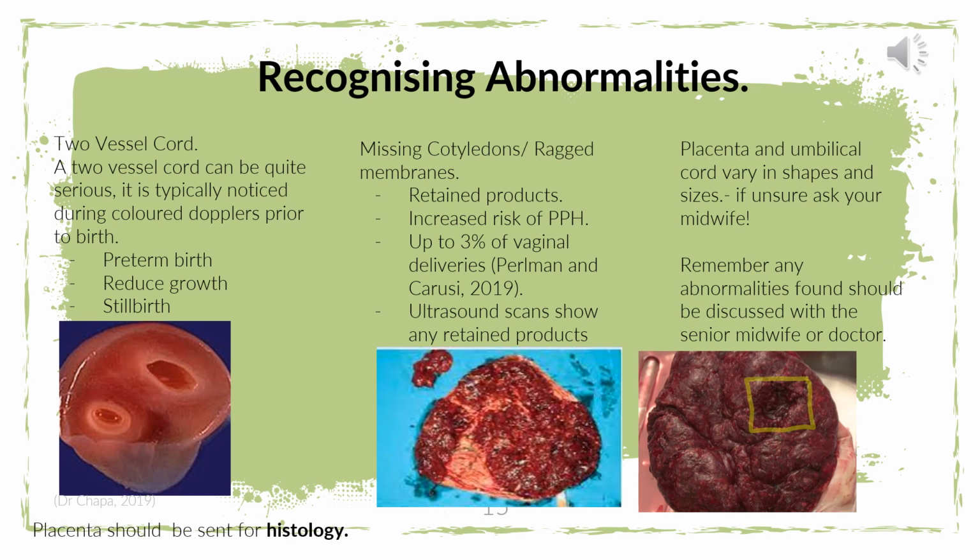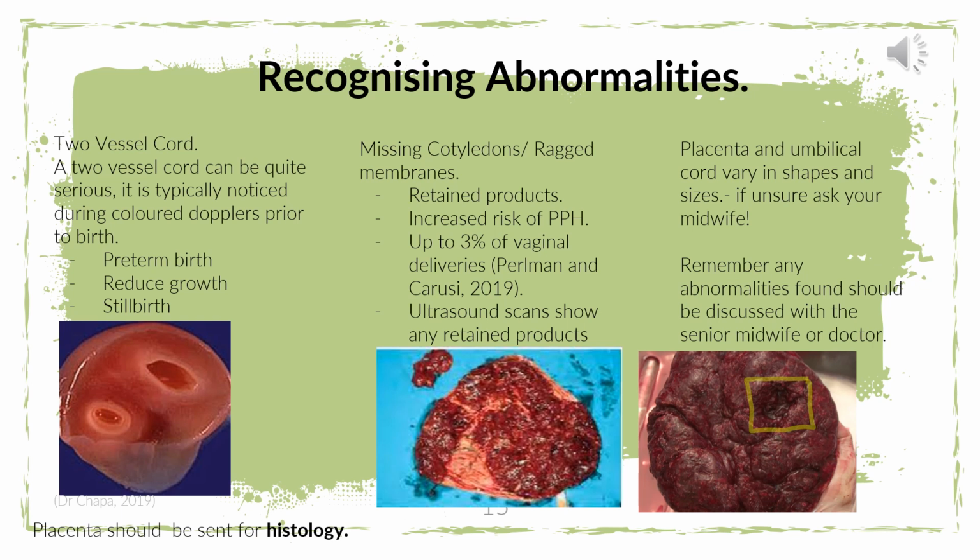You may come across abnormalities when you are examining a placenta, one being a two-vessel cord. As we discussed before, a cord should normally have AVA, 2 arteries, 1 vein, which in total would mean 3 vessels. Some placentas just have 2. Although this is normally noticed during coloured Doppler scans during pregnancy, it still can be found after delivery of a baby.